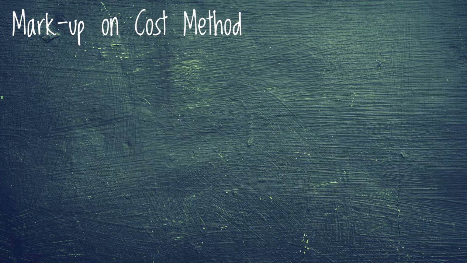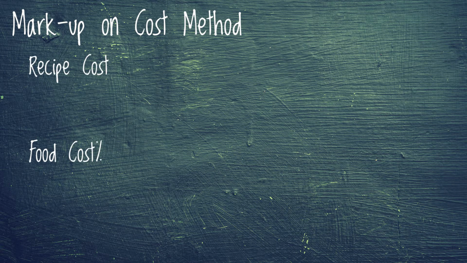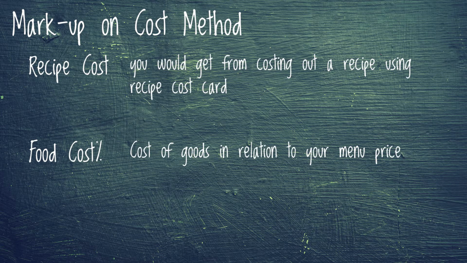All you need is the cost of the recipe and your food cost percent, meaning what percentage of your menu price should be in relation to how much you are spending on your raw ingredient costs. So, the menu price or selling price would always be considered 100%.